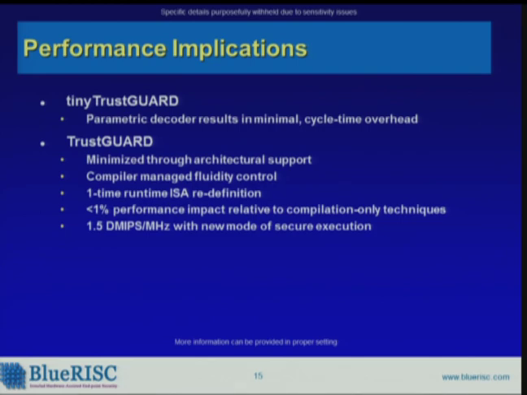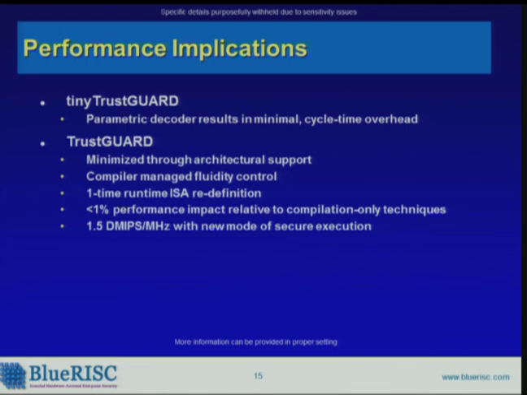Just to briefly touch on the performance implications before we get done here. Since we do have control of this, especially with Tiny Trust Guard, we're utilizing a parametric decoder, which results in a fairly minimal cycle time overhead. With regards to Trust Guard, again, we've been able to minimize any performance impact of the fluidity of the ISA.